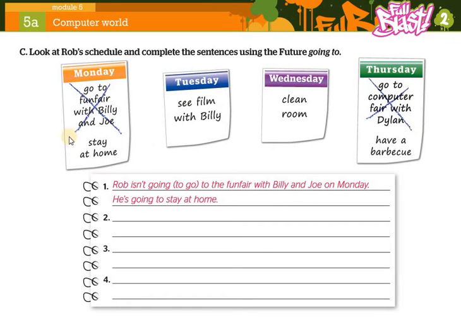And you are going to say he's going to stay home, or he's planning to stay home. So these are the future plans of Rob's. Try to make them here using the future going to.